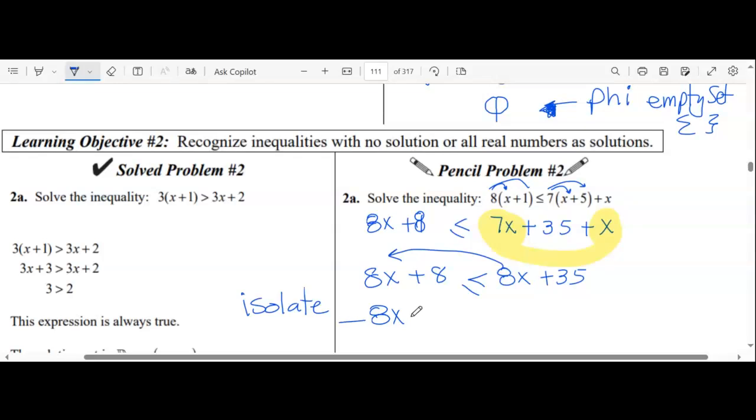8x minus 8x, correct? And then move the 8 to the other side. So you get 35 minus 8.